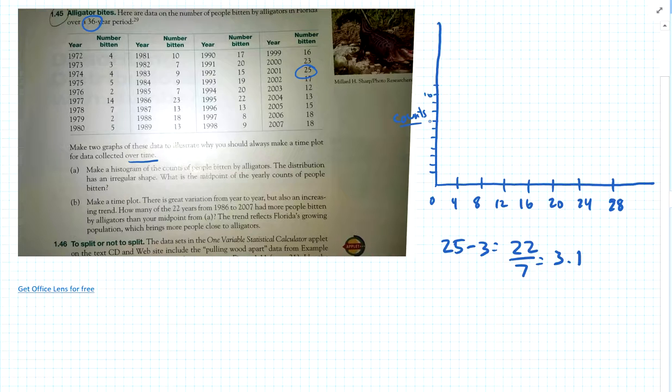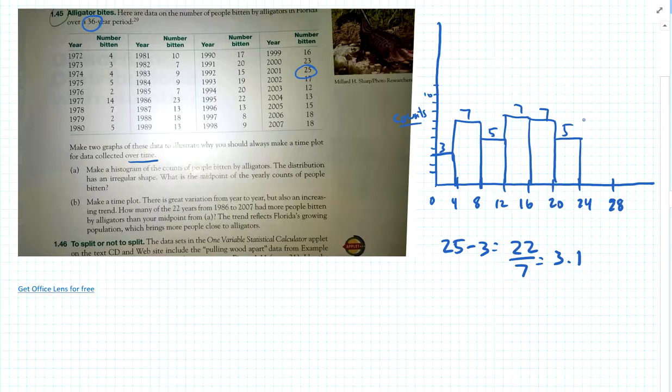From 0 to 4, I've got 3, and then I've got 7, and then I just go along the way here. 5, and then 7, 7. The next 2 are 7s. And 5.